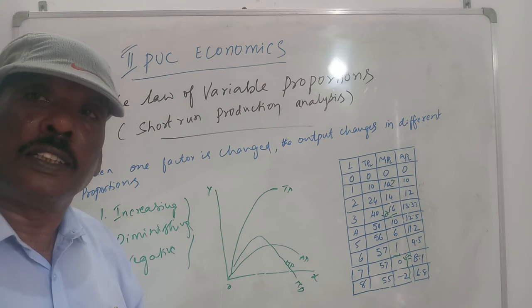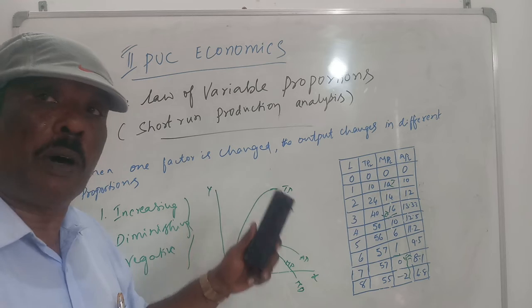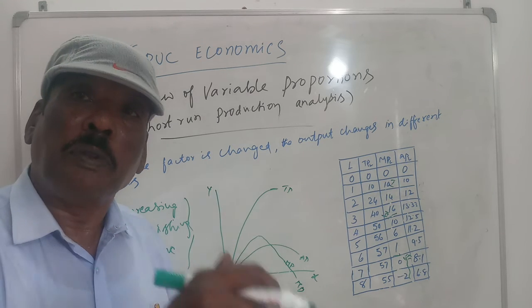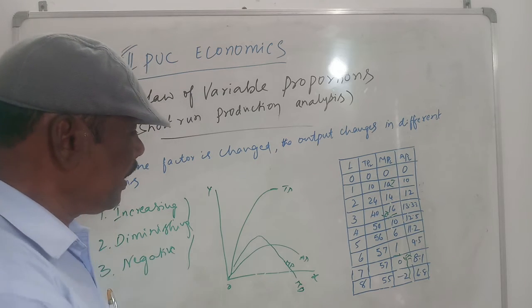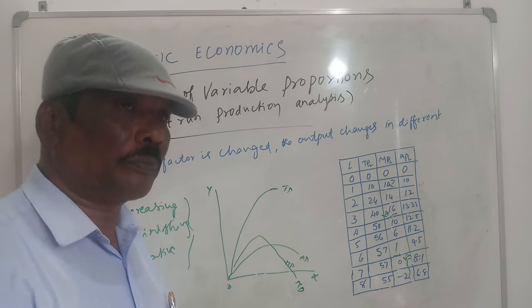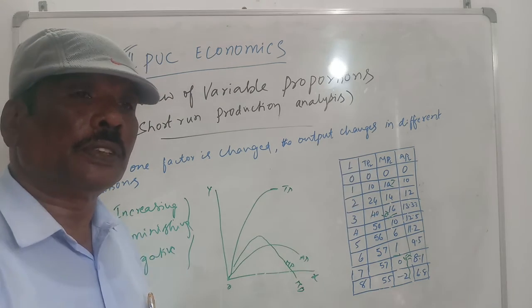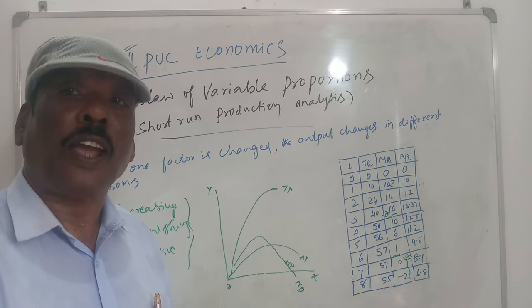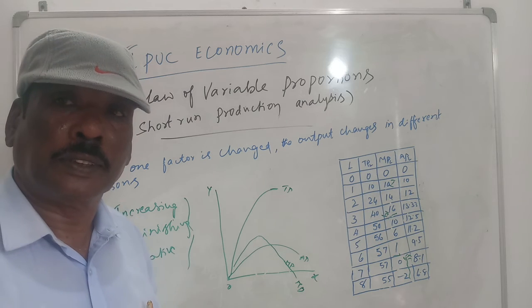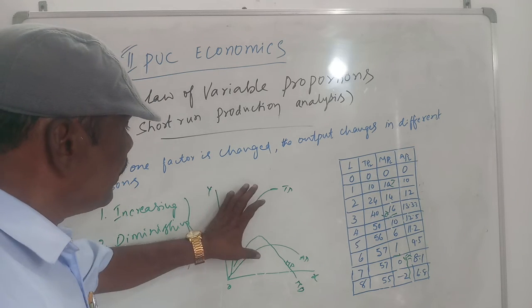This is similar to the law of diminishing marginal utility. And you should change some words, like there we use commodity, here we use factor, that is input, right? Okay, so these are the things.